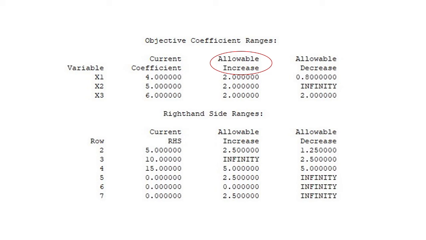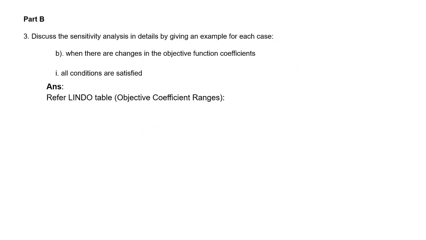For variable x2, it is negative infinity to 2. For variable x3, -2 and 2. Then we can say that the optimality range for x1 is -0.8 to 2, for coefficient x2 negative infinity to 2, and for coefficient x3 -2 until 2.